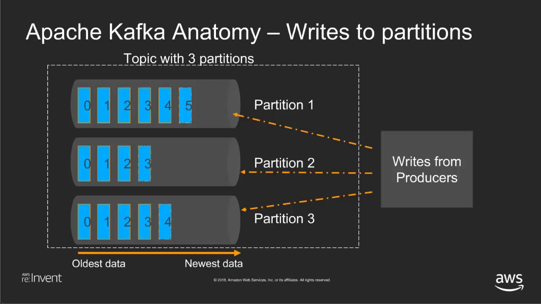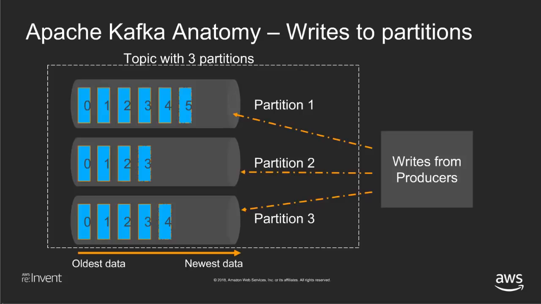Within Apache Kafka, you have a logical grouping of partitions, and that's called a topic. Producers write to topics, and those writes are in a key value format, and they go to partitions. The actual data is stored on partitions within topics, and each partition provides you with the storage capability required to keep your data in order over a period of time.